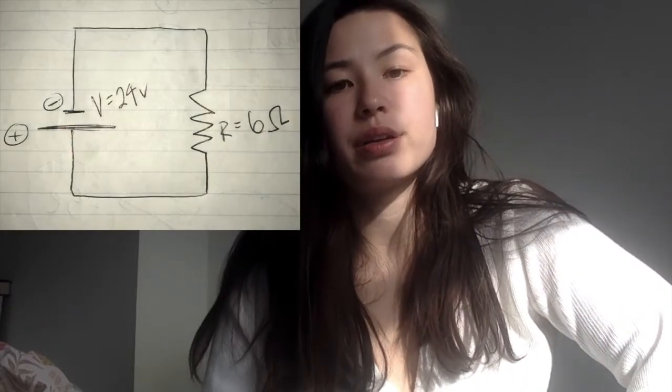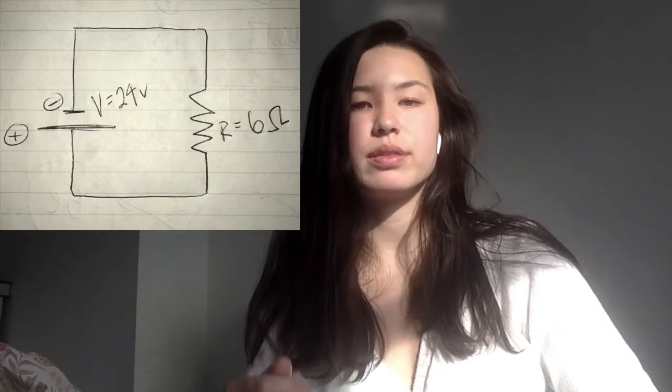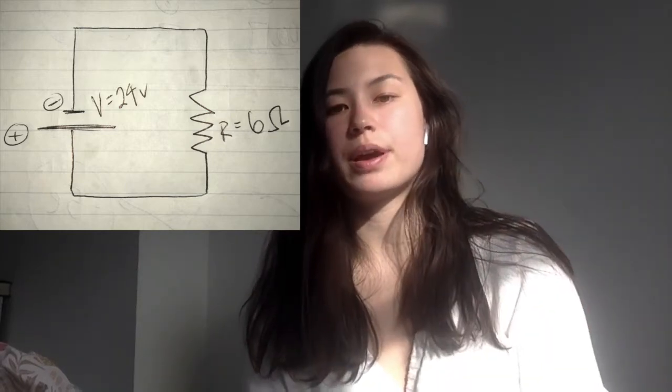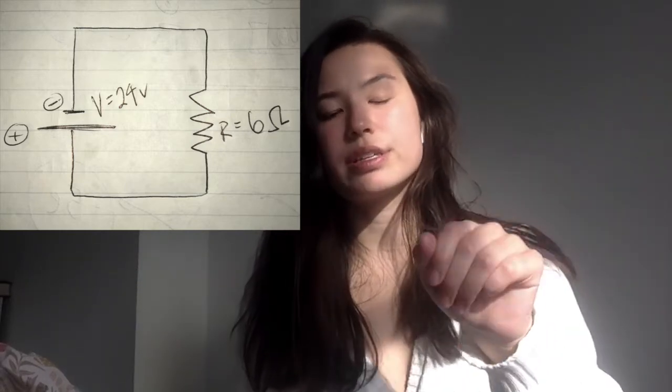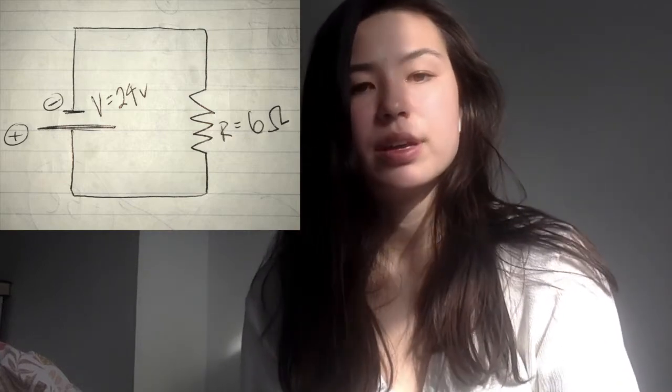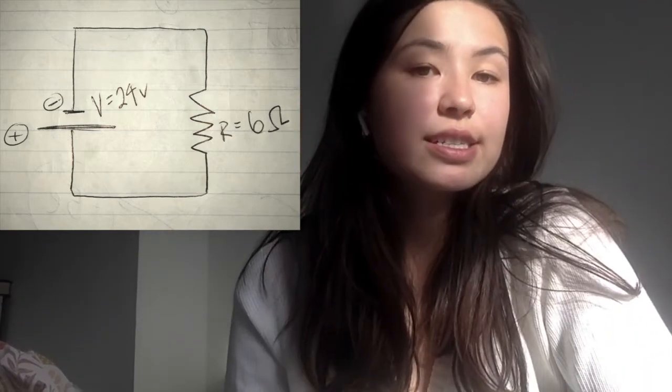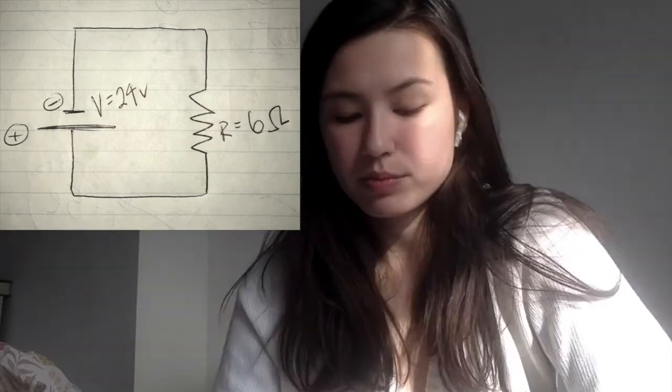Okay, let's actually look at a quick example. So we're going to look at a real circuit here. So let's say that we have this battery, and then this smaller end here is going to be our negative terminal. And then the larger end is going to be our positive terminal.